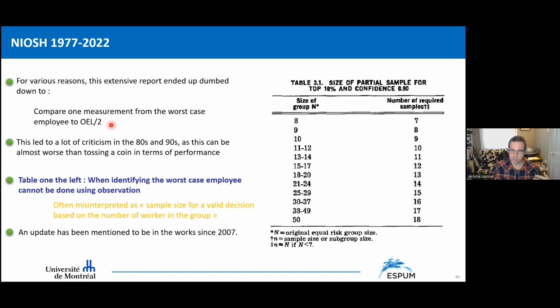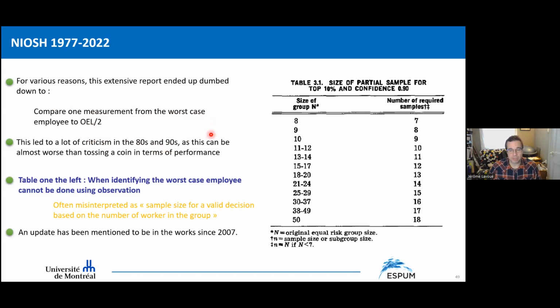And if it was smaller than that, it was okay. If it was not, you need to continue sampling until one or two measurements were below that action limit. And with the added difficulty that it's not always easy to find the worst case employee.